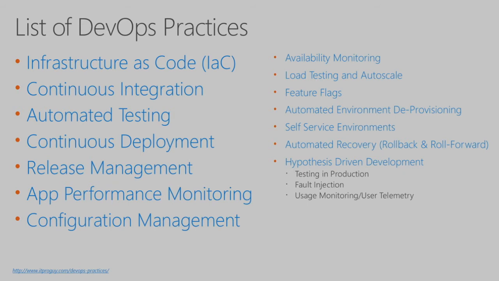Continuous deployment, that as soon as new features pass those automated tests, they're out to the world. That way customers can start using them and you can start getting rapid feedback. Release management, that you know what your customers have and that they don't have something to test, build, or anything. And of course, performance monitoring and configuration management to make sure that all of your hardware and all of your virtual hardware runs the same way.